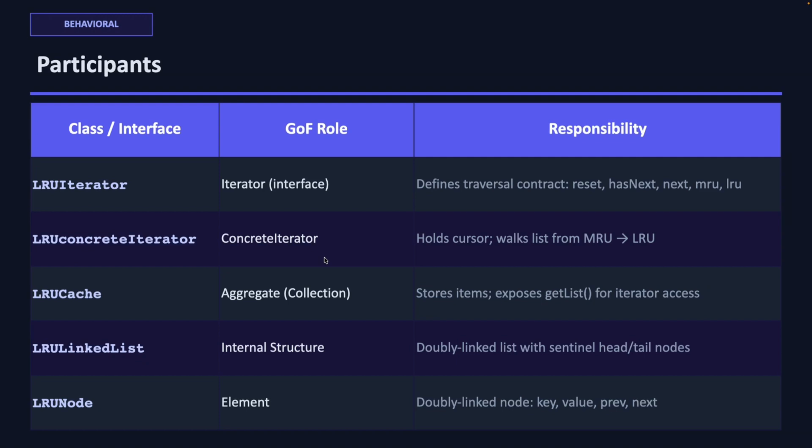And the LRU linked list is the internal structure. This is the doubly linked list with the head and tail nodes. So the iterator is going to go through this, but the client wouldn't really see that. And each node within that linked list is going to be implemented by the last one, which just has the key, value, and the previous and next pointers.